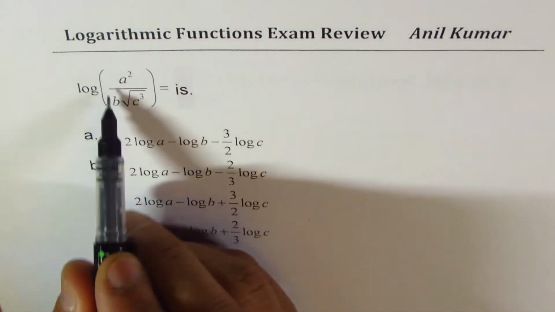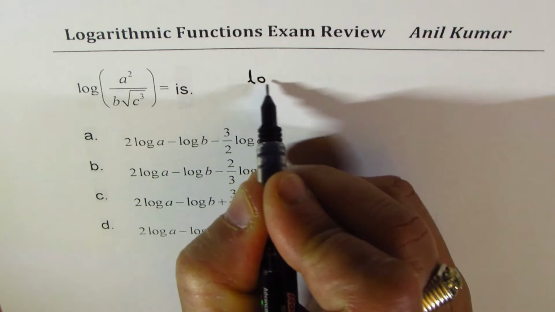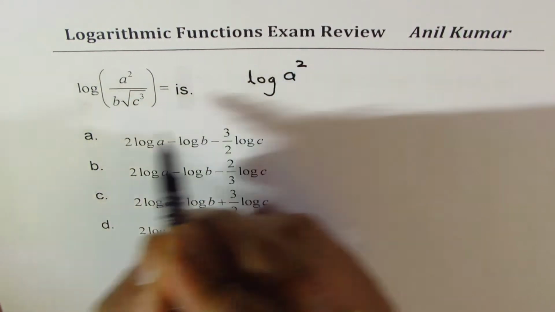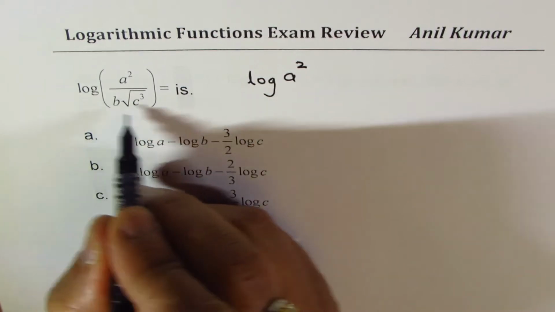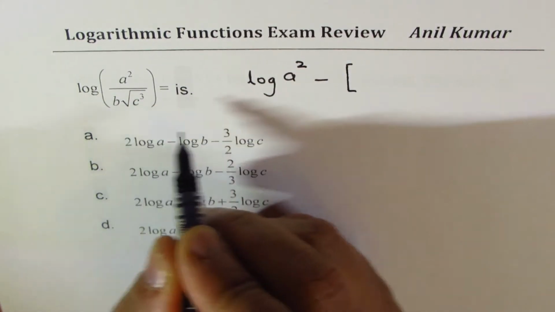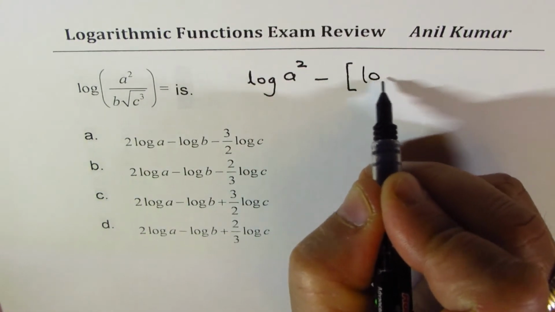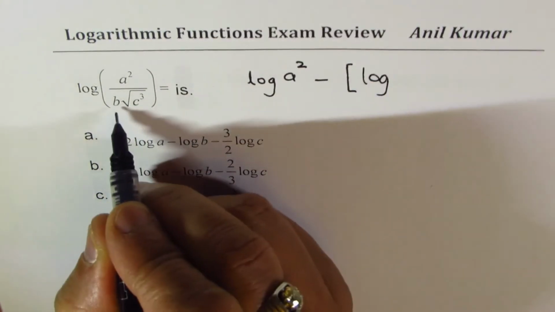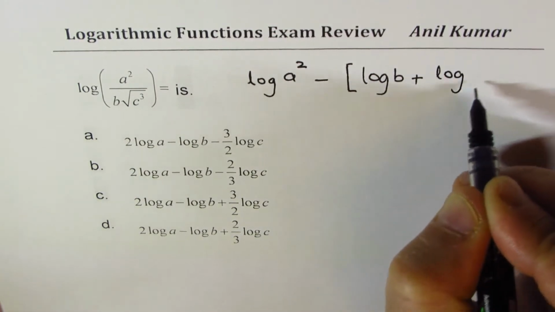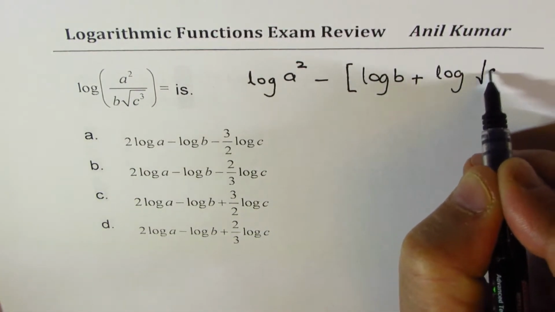Of course, we could write this as log of a squared. Whatever is in the numerator is kind of a product, and the denominator means a difference. So let's write both these terms in brackets, because if you don't use brackets, you might make a mistake. So it is log of b plus log of square root of c cubed.